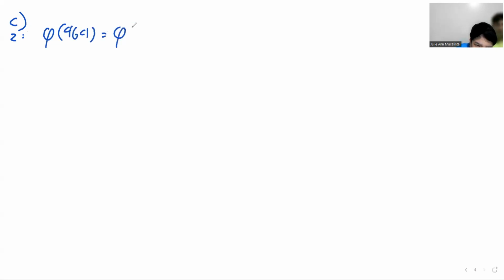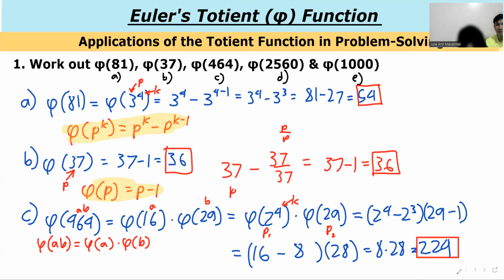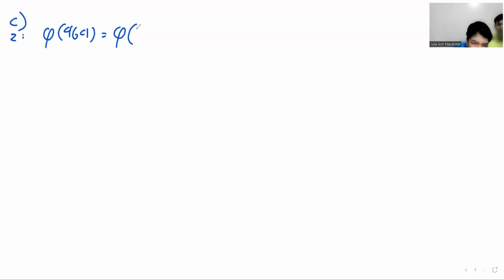Again, break down into its prime factorization, which is 2 to the fourth times 29. Is that 29? Yes, 29. Both of these numbers are primes.